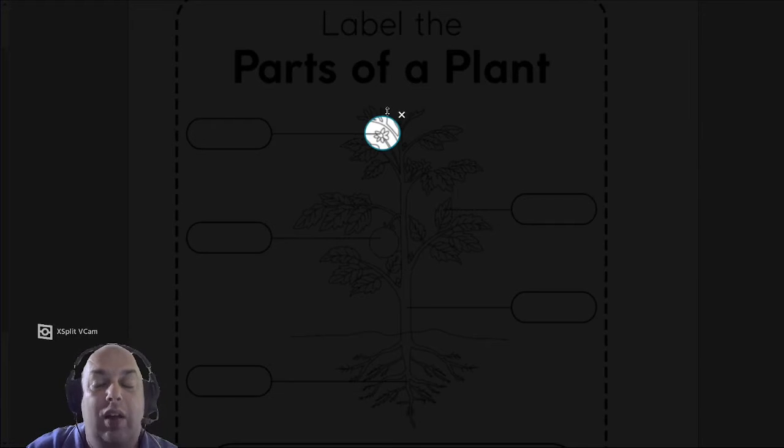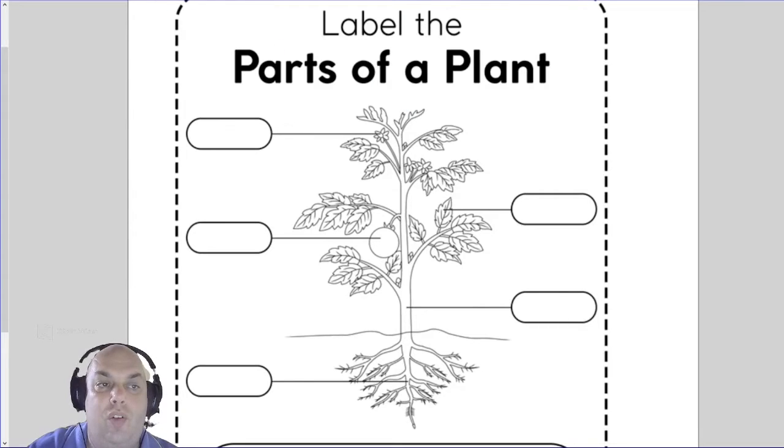What part of the plant do you think this is? Yes, very good. It is the flower. Now, can you spell flower? Let's spell it together. F-L-O-W-E-R. Flower. Very good.